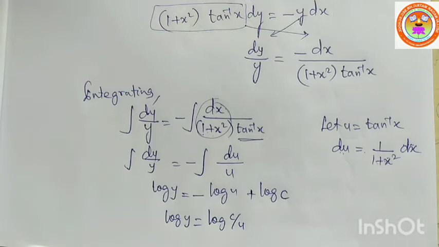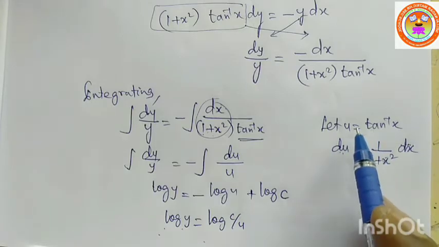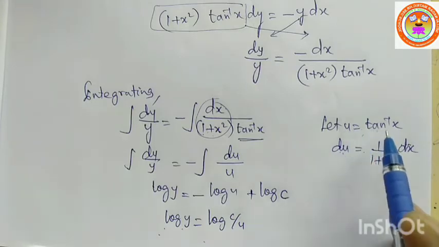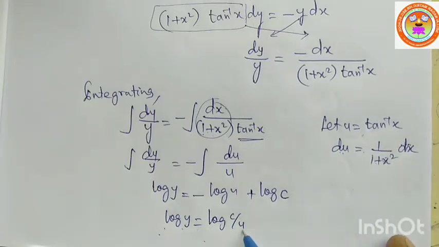When we apply exponentiation on both sides, e power log of y is equal to e power log of c by u. Then after eliminating the logarithm, we can apply the term u, because we considered u as tan inverse x. So we have to replace the unknown u.